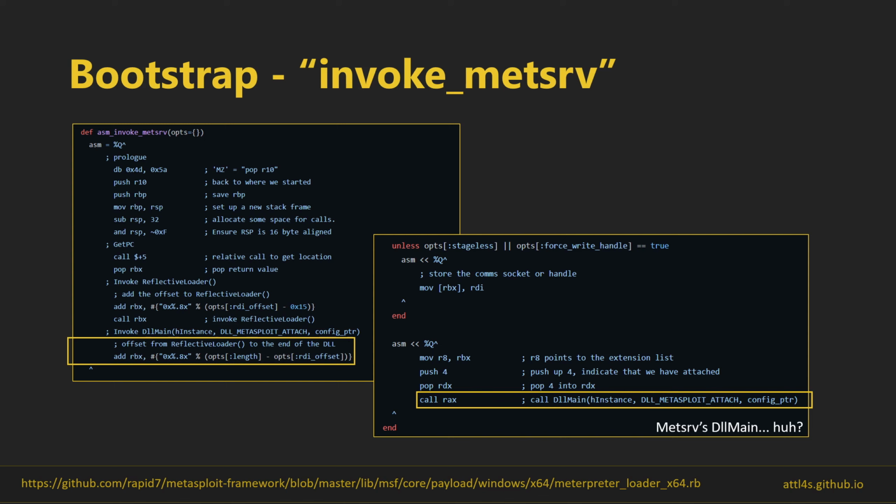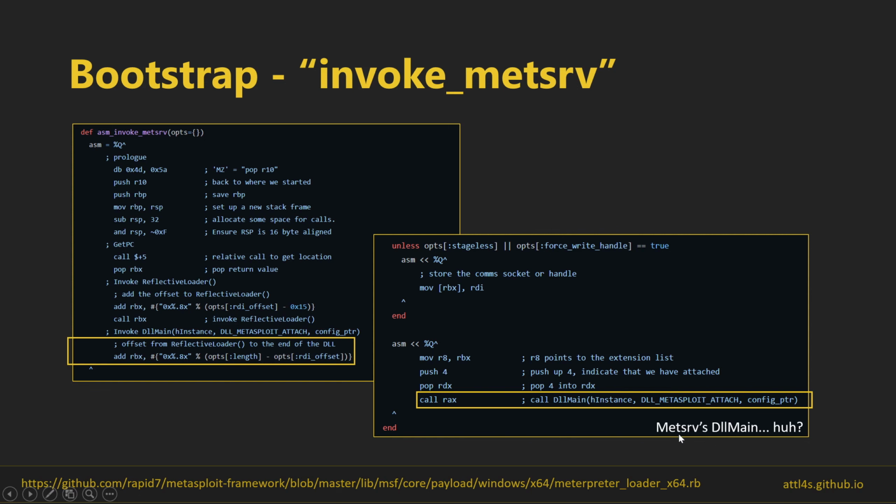So we can inform the bootstrap where the configuration block is located, which is what Metasploit does here. Having the location, the bootstrap can then call DllMain with this reason, DLL_METASPLOIT_ATTACH, and with a pointer to the configuration block.